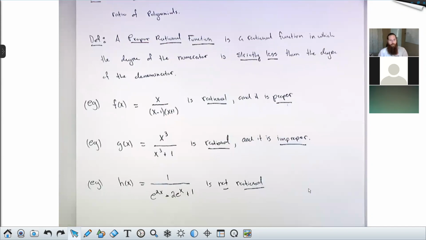This guy is not rational because the bottom is not a polynomial. The top is a polynomial of degree 0, but the bottom is not a polynomial. e to the 2x, e to the x, those are exponential functions. And remember, polynomials have to be positive integer powers of x. This is not a positive integer power of x at all. There is a substitution you could make to turn this into a rational function, but as it is, it's not rational.